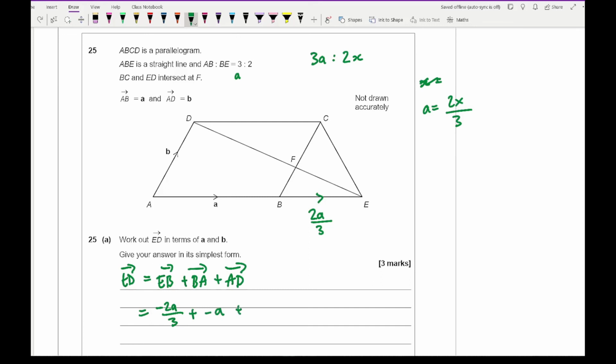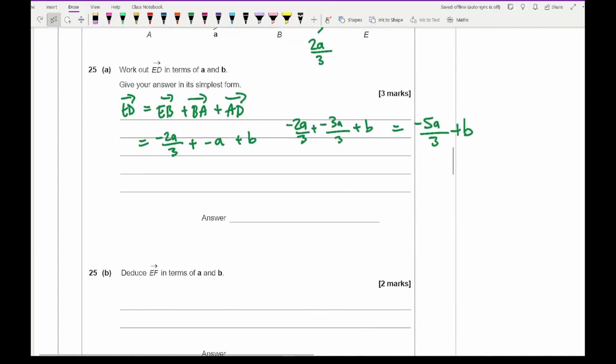And AD is plus b. Now I can write a as a fraction, so it's minus 3a over 3. Then minus 2a over 3 plus that becomes minus 5a over 3 plus b. And there is my answer. So I can write this as minus 5a over 3 plus b.